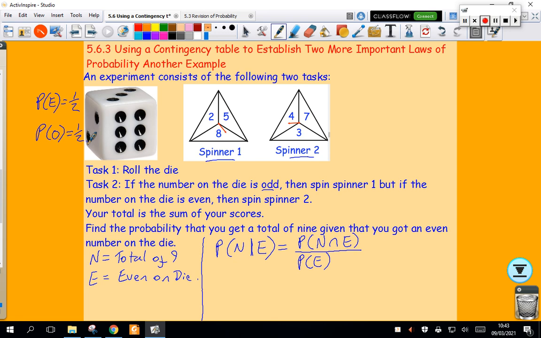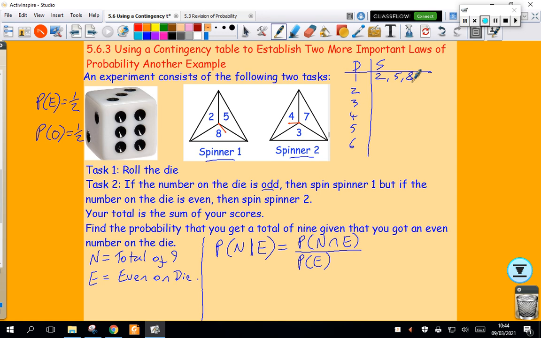And if you think about all the possible outcomes from this experiment, we've got a die and a spinner. On your die, you could have 1, 2, 3, 4, 5, and 6. And with each of those outcomes you will spin a spinner that has 3 possible outcomes. So if you roll a 1, you could then spin spinner 1, because 1 is an odd number, and you would get 2, 5, or 8.